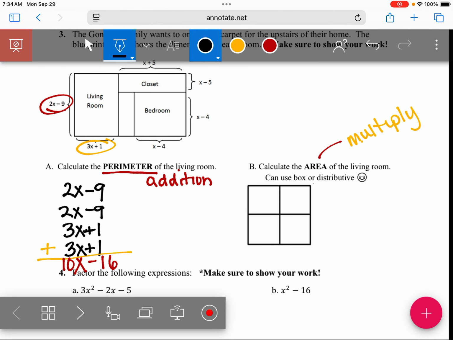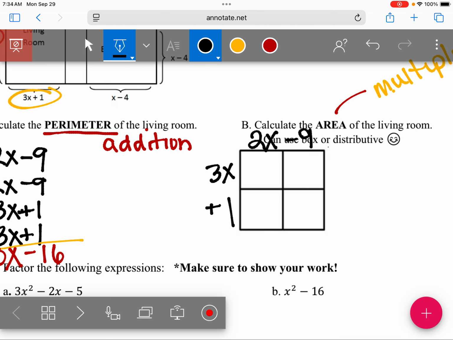So we have the 2x minus 9, and then I have 3x plus 1. Let's go ahead and fill in our squares. So 2x times 3x is 6x squared. 3x times negative 9, negative 27x. 2x times 1, just 2x.